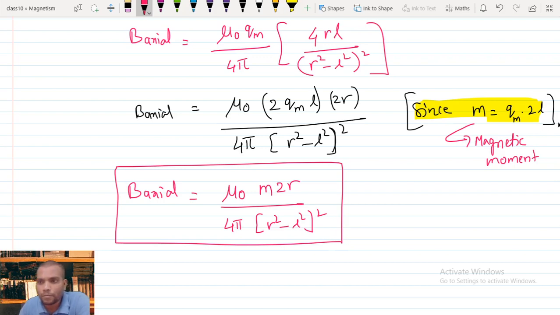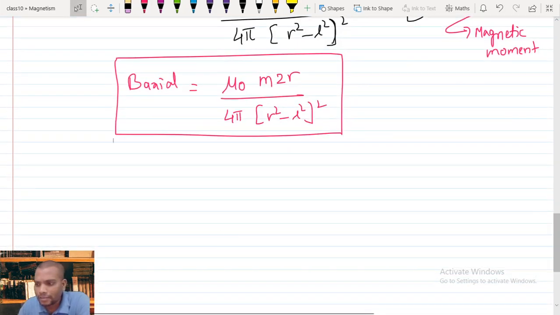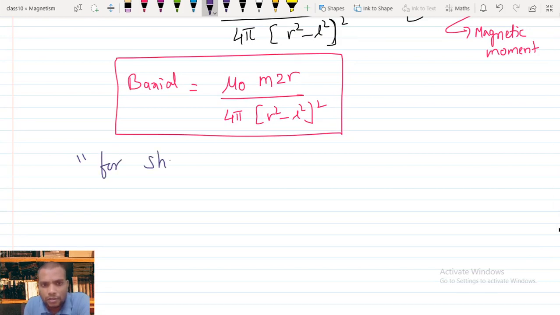Now this is the expression for the strength of the magnetic field at a point P. For a short bar magnet, this is another condition, or we can take it as a note.